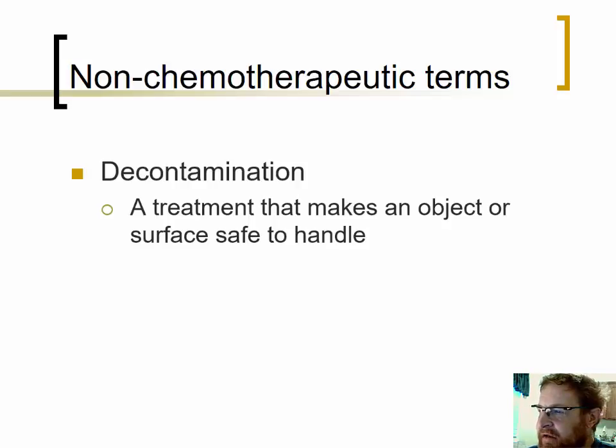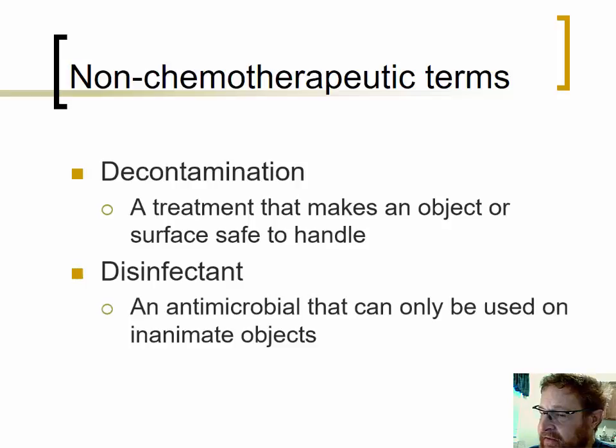In terms of non-chemotherapeutic terms, we can decontaminate, which means to make the surface of an object safe to handle. So we've reduced the number of bacteria or microbes in general to a point where it's perfectly safe to handle.